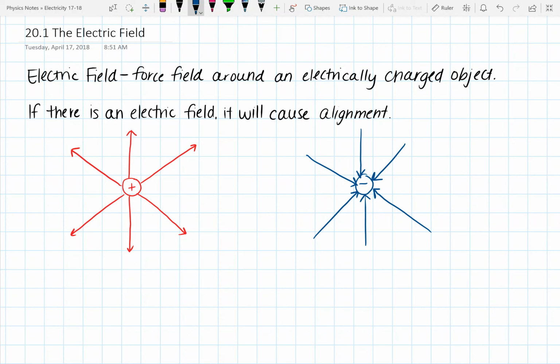So, what the electric field actually tells us is the force that gets exerted on a positive charge.